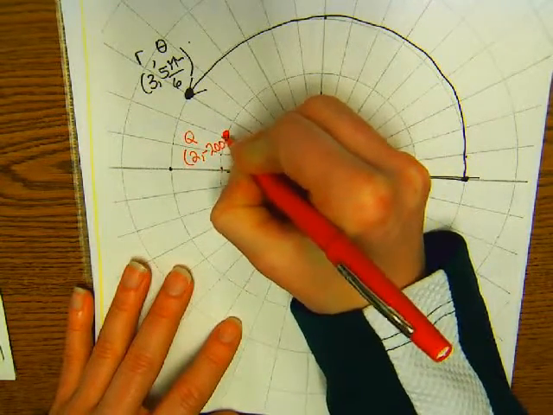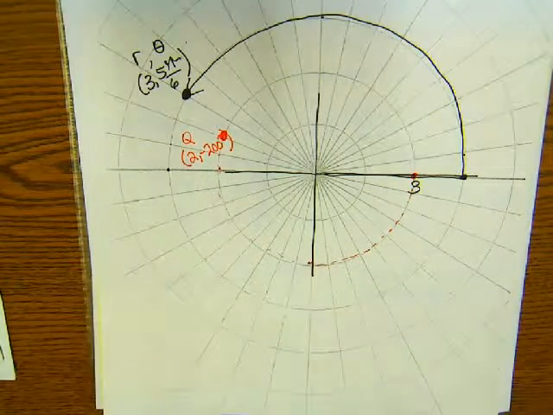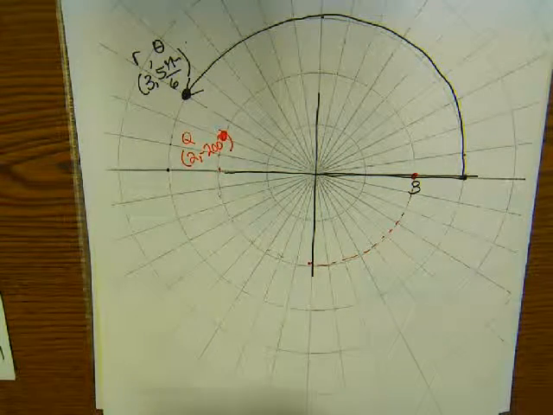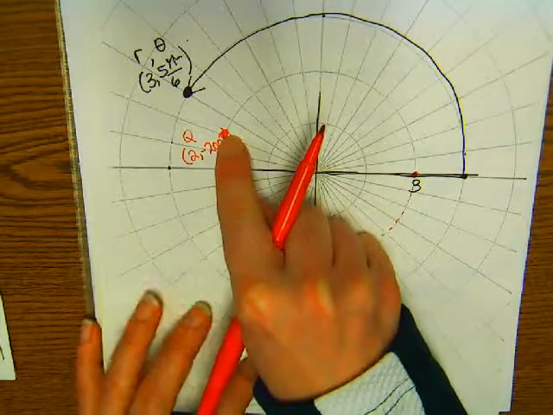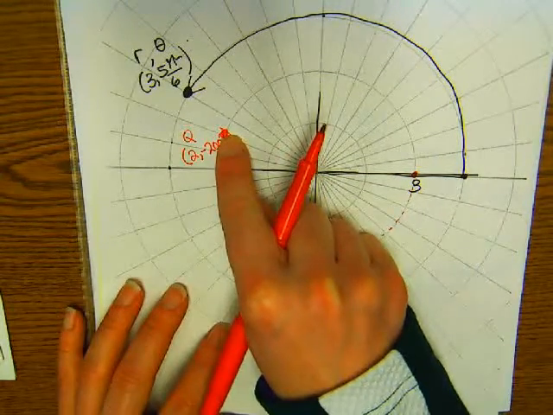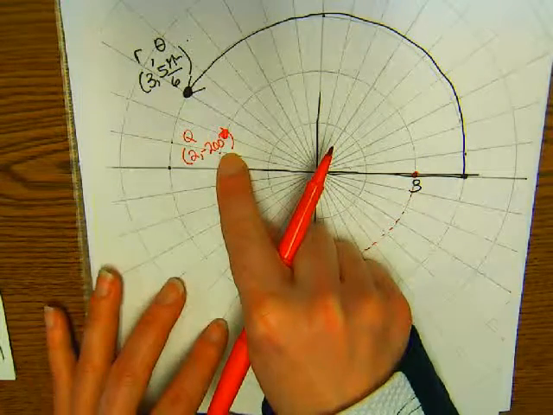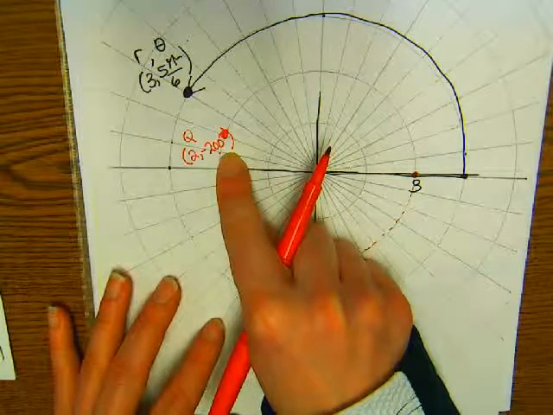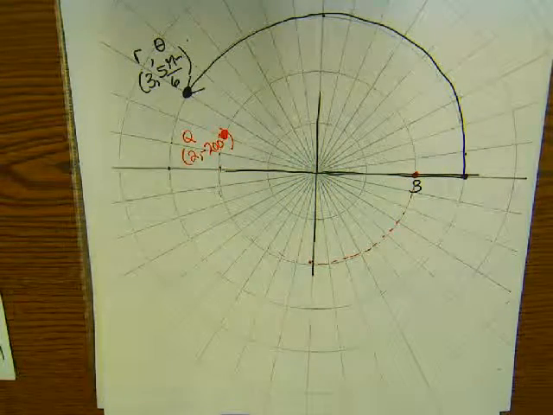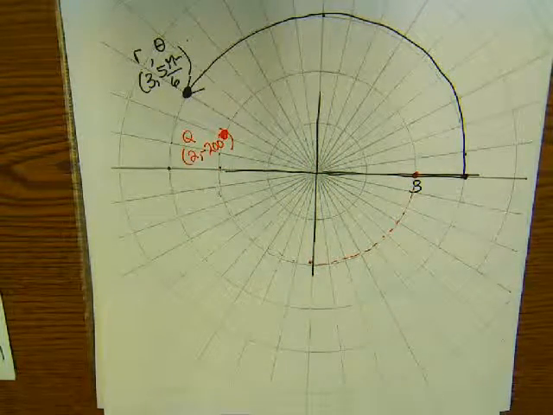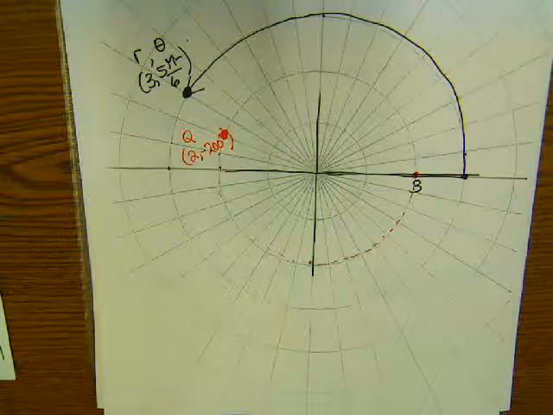Let's talk about it now since she said it. You could get an infinite number of points that get you to the same spot. Did you hear what Lindsay said? What if you just added 360 to negative 200? What is negative 200 plus 360? 160, right?